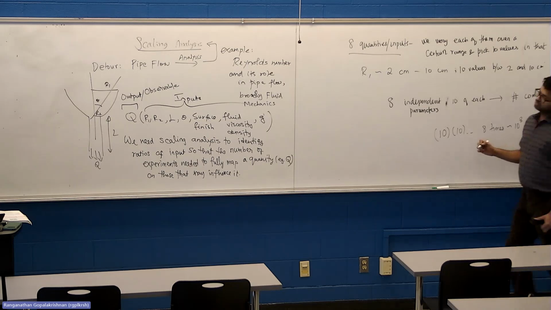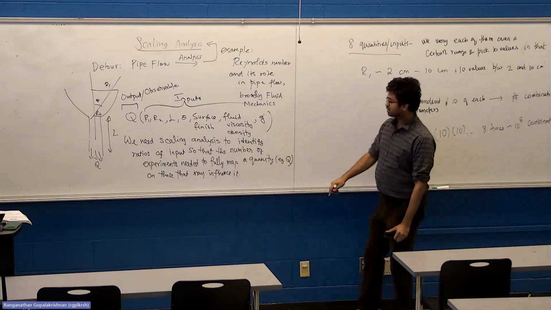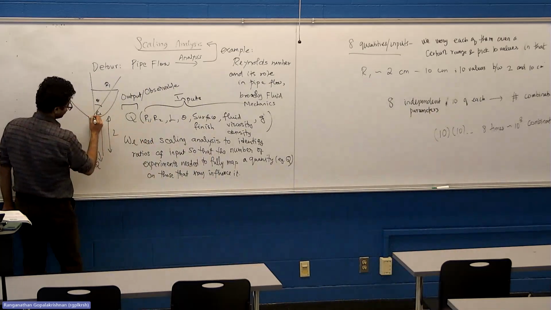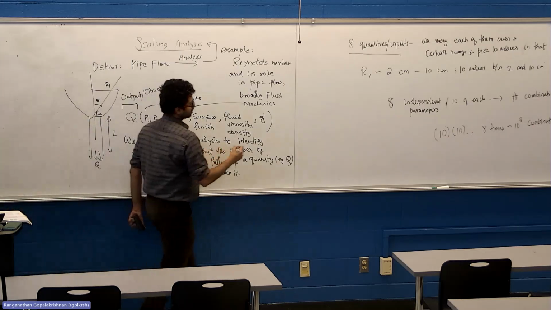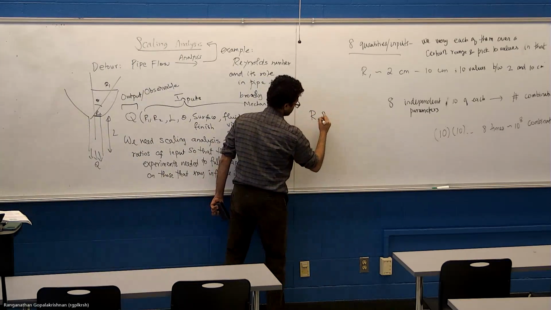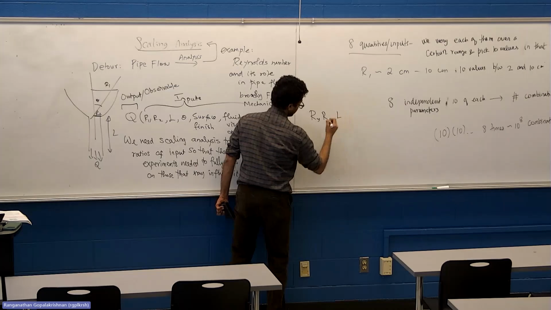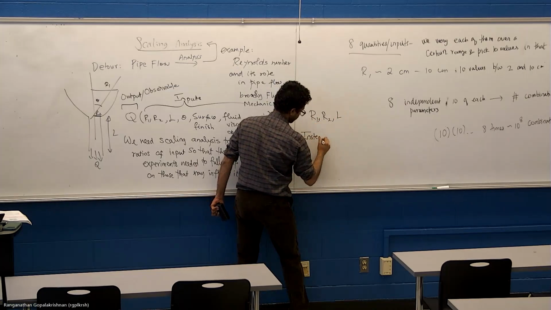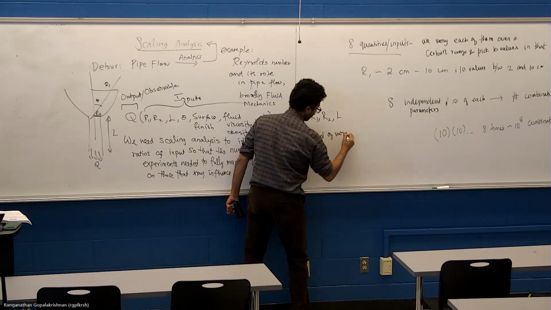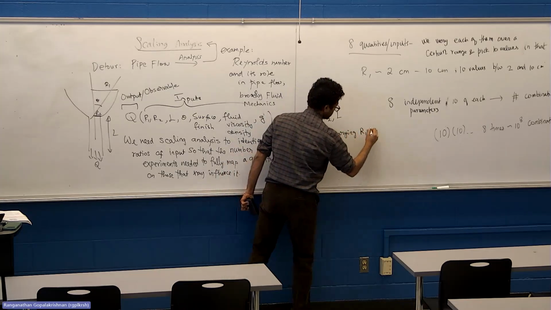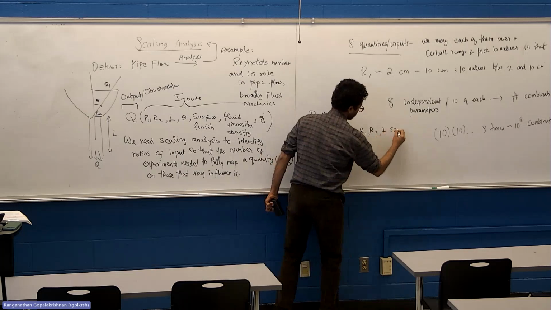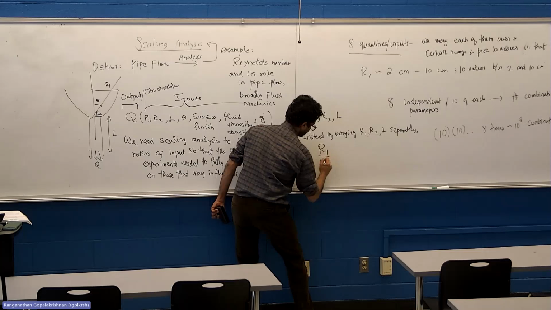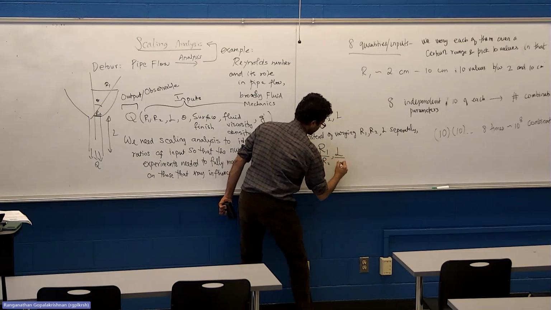The correct thing to do is to apply scaling analysis and identify ratios. For example, if I choose R2 as a reference, instead of varying R1, R2 and L separately, what I would do is vary R1 over R2 and L over R2.